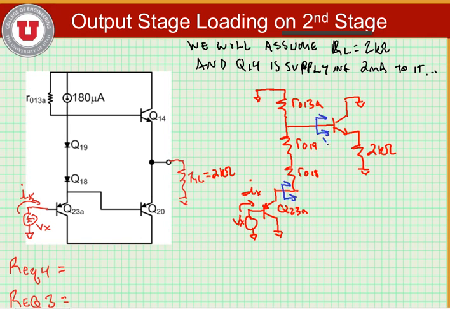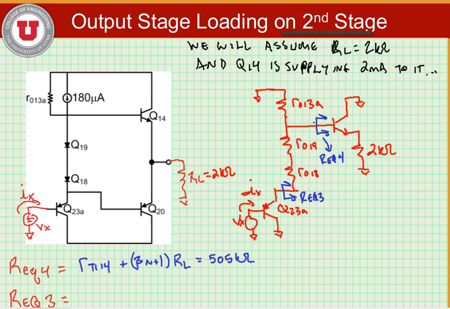Okay, so we'll label this resistance REQ4, and this one REQ3. So looking into the base of Q14, we find that we have r_pi14 plus (beta_n plus 1) times the load resistance, which is equal to 505 kiloohms.